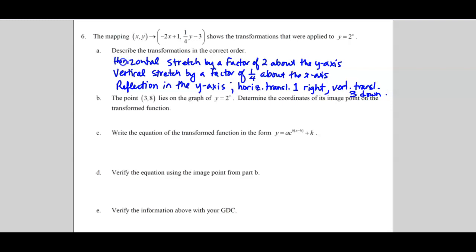Okay, so find the image of 3, 8 under those transformations. Just follow the transformations.